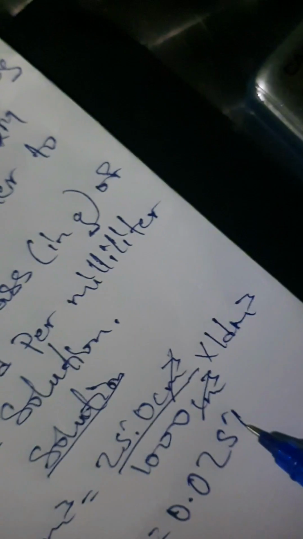So here we say liter, because dm cube is equal to liter. Let's solve now for the equation. We have concentration, so we are going to say concentration times volume.